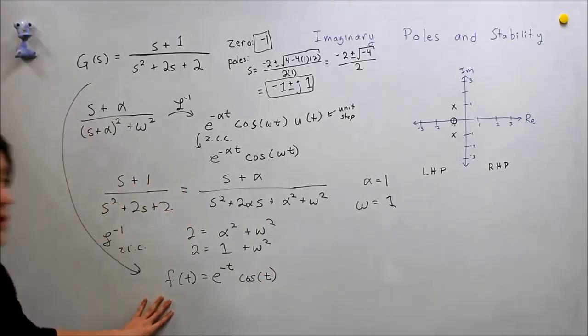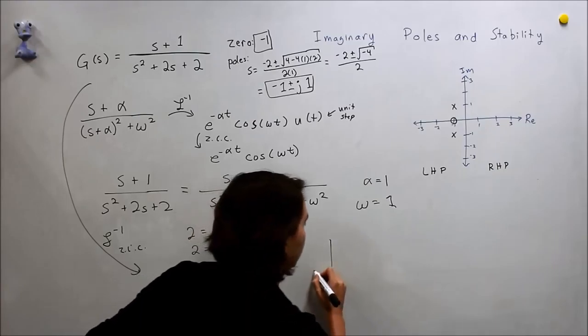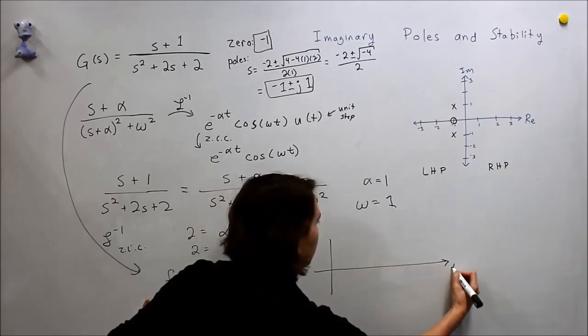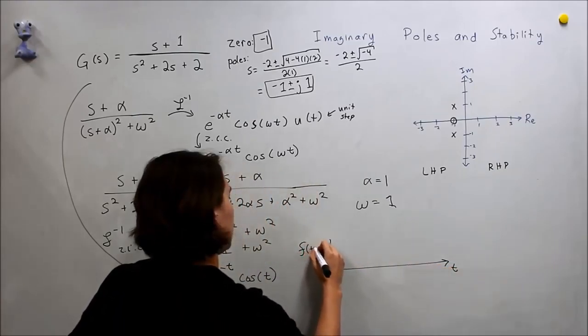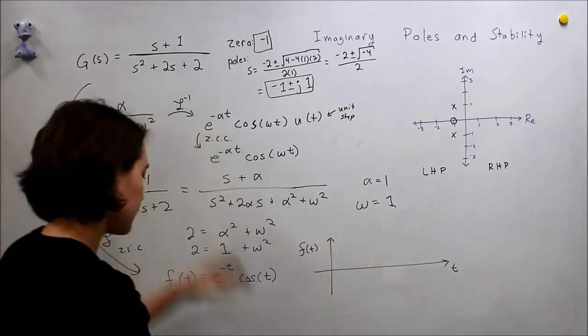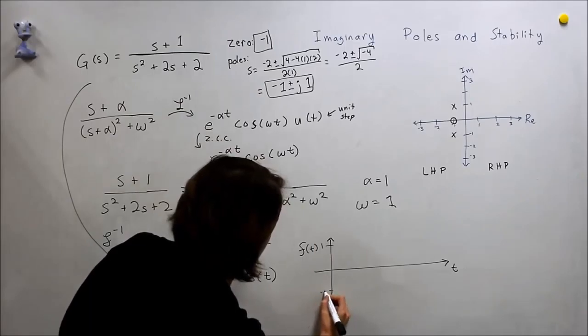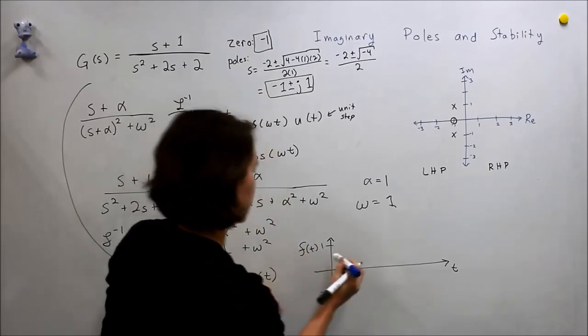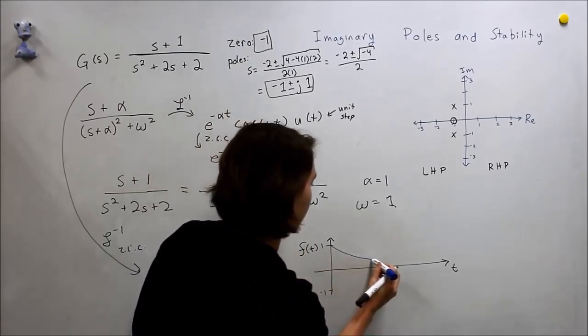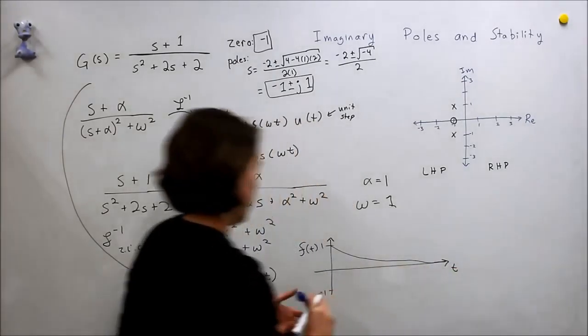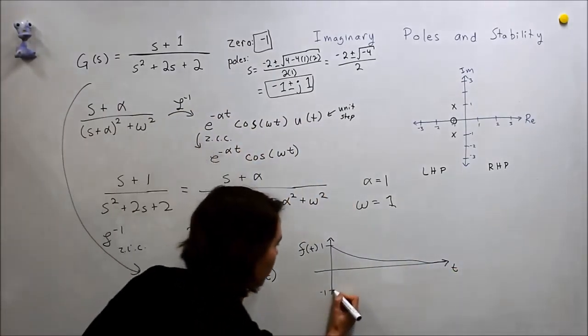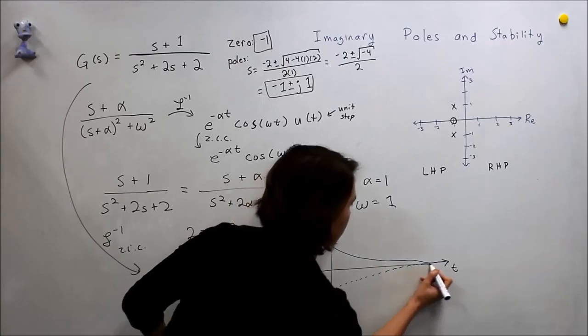And if we look at what this looks like on a graph in the time domain, it starts out about 1, and the exponential part will decay right towards 0. And actually we need to mirror this on the negative part too.